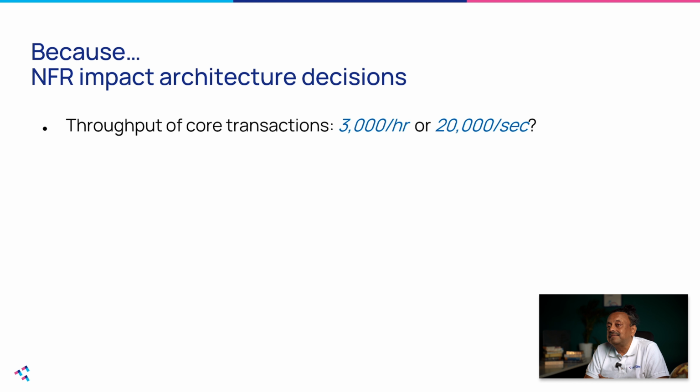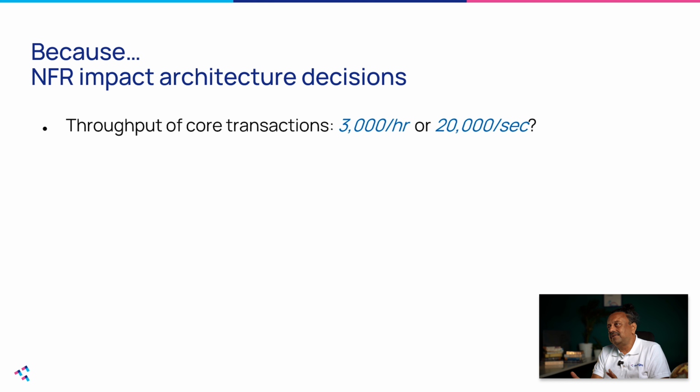For instance, one of the commonest non-functional requirements is the throughput. Throughput is a technical term which we are all familiar with in our industry. It talks about the rate at which transactions hit the system.